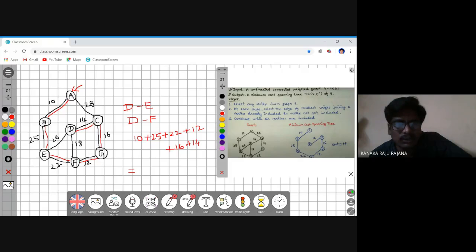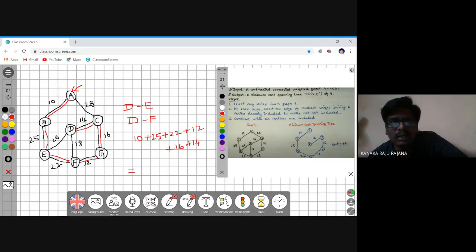So once again, I'm going to repeat the most important point. Graph has a cycle, tree doesn't have a cycle. We need to be so careful while framing your minimum cost spanning tree, there should not be a cycle.